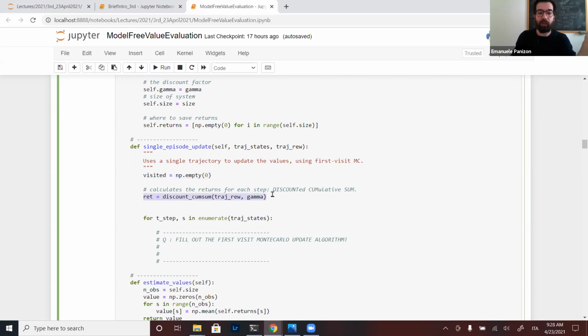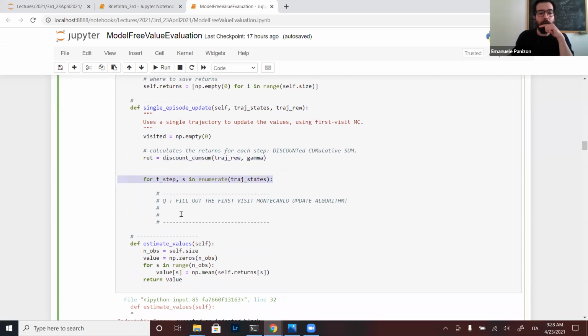Then you calculate the returns. And this is a function which returns for all time steps the cumulative sum afterwards. So now we have an array with all the returns. So we have G0, G1, G2, G3, G4, etc., etc.